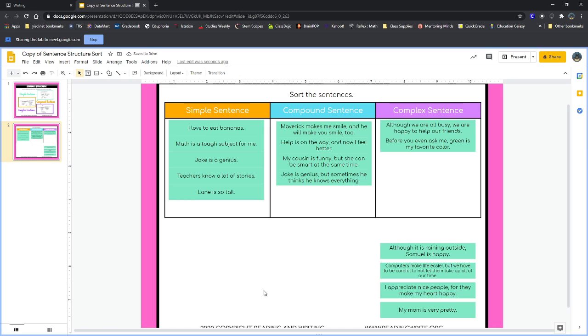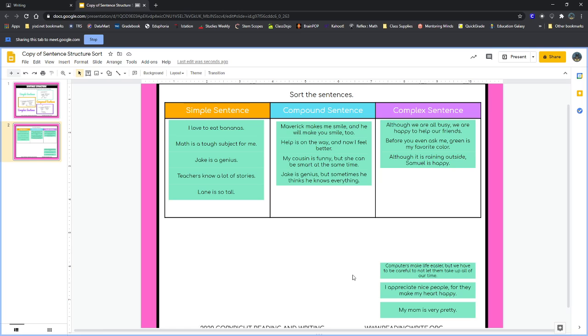Although it's raining outside, Samuel is happy. Where does that belong? Bradley? What do you think? Simple, compound, or complex? Complex. So there's not a comma and a conjunction, but there is more information than a simple sentence.